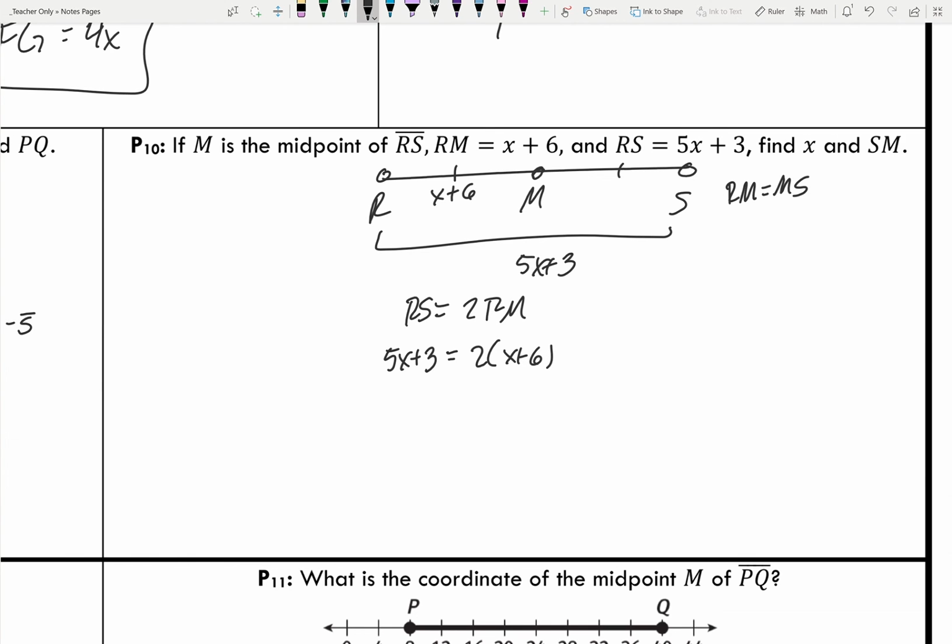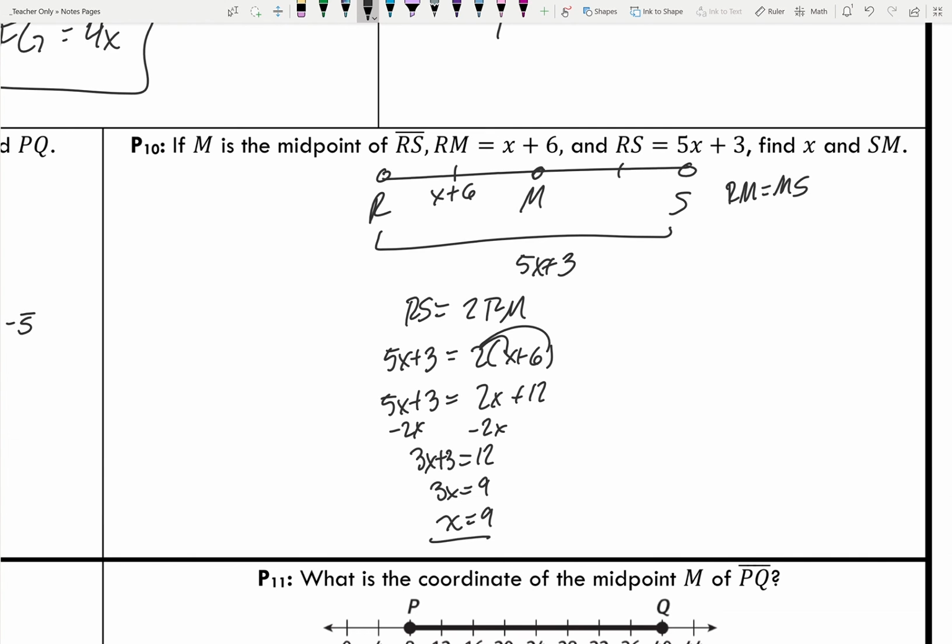Let's do some algebra now. 5x plus 3 is equal to 2x plus 12. I did the distributive property. Subtract 2x from both sides. 3x plus 3 equals 12. So 3x is equal to 9, and x is equal to 3. Not finished though.